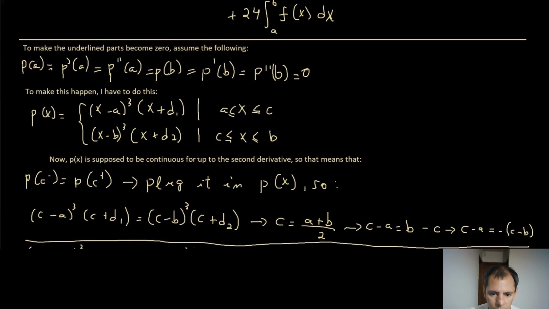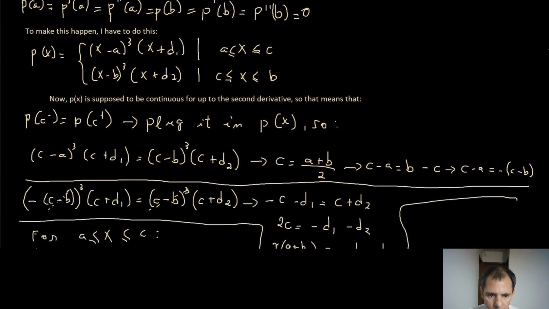Now p of x is supposed to be continuous up to the second derivative, so that means that p of c minus equals p of c plus. So what we're going to do is get this equation and equate it to this equation. Why do we want to do that?